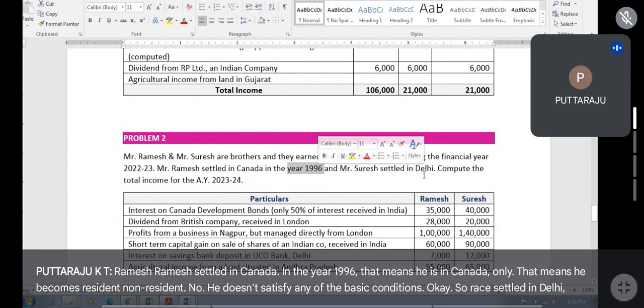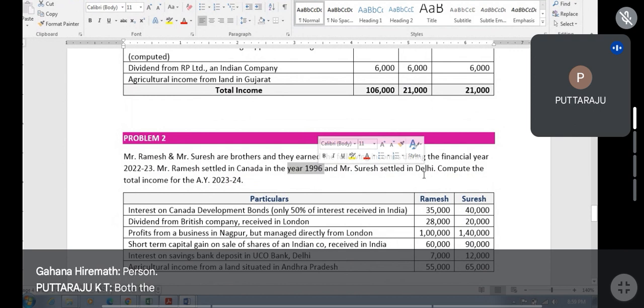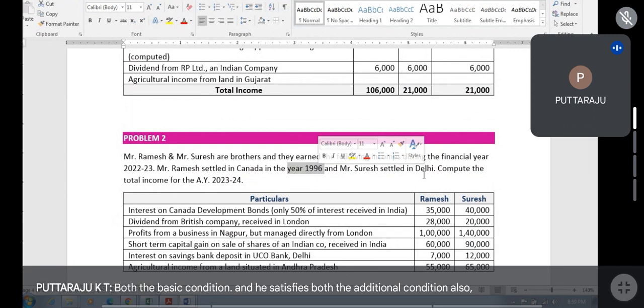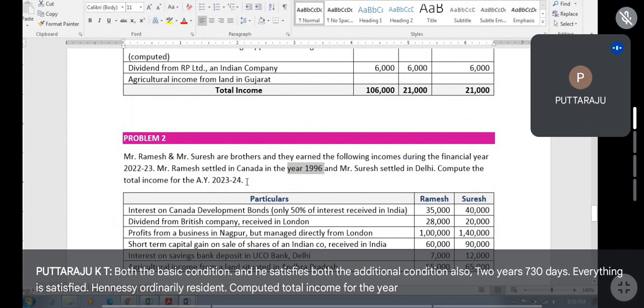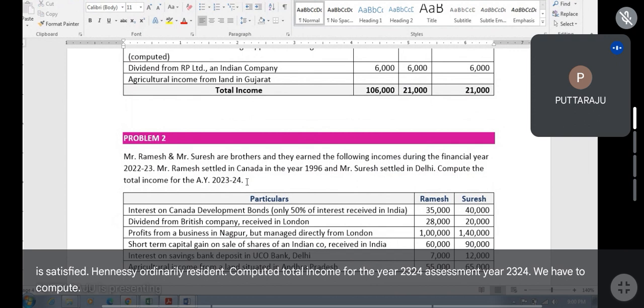He satisfies both the basic conditions and both the additional conditions also. Two years, 730 days, everything he satisfies. Hence, he is ordinarily resident. Compute the total income for the assessment year 23-24.